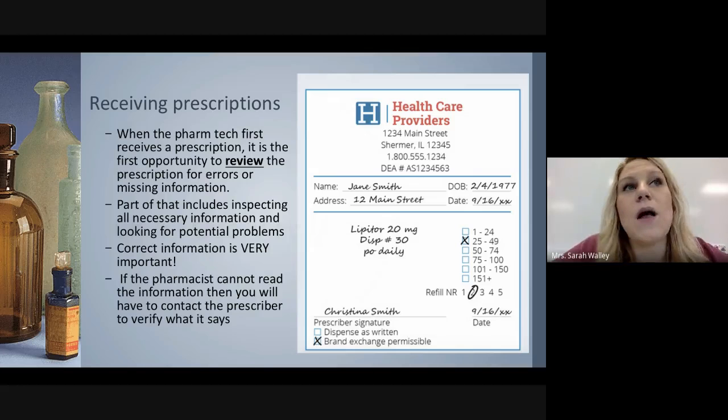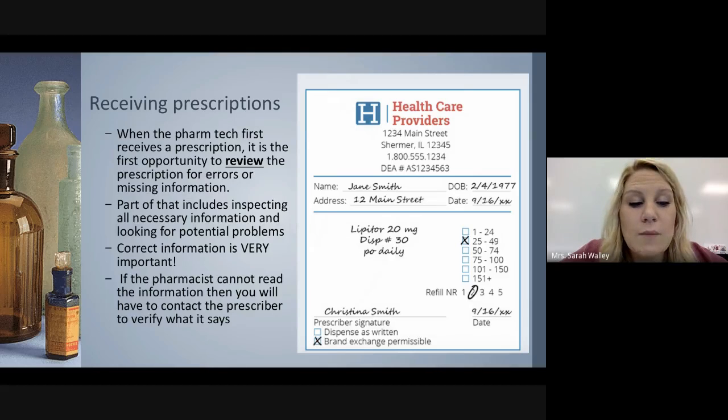Sometimes they'll ask the question, like, what's the first step when you are filling a prescription? And that is to review the information to make sure nothing is missing and that it's all legible, because sometimes if it's written out by a doctor, you can't understand what it's saying. So you have to inspect all the necessary information and look for potential problems.